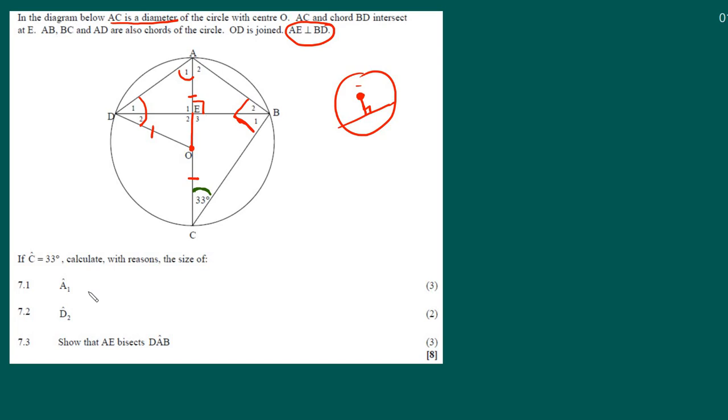Would we be able to calculate A1? Angle A1. It's at a very, very odd position, eh? Yes, we can calculate it.